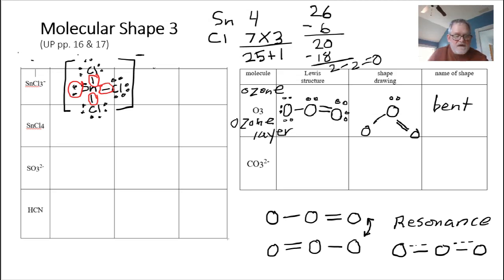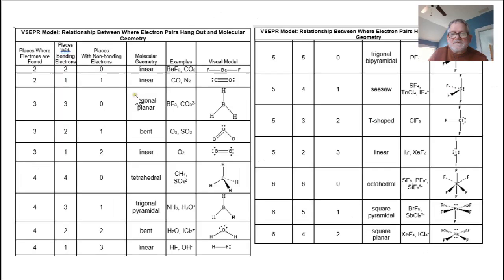Okay, now we can go to our VSEPR table. Here it is. Okay, 4 places. So here are your choices right there. These are places where electrons are found around the central atom.